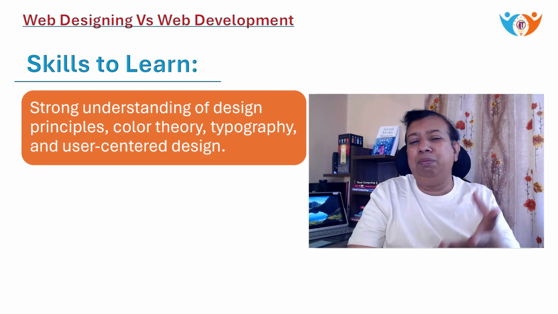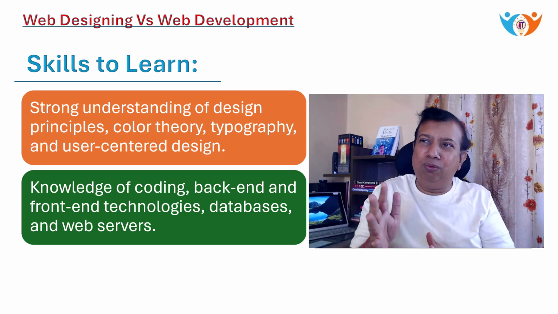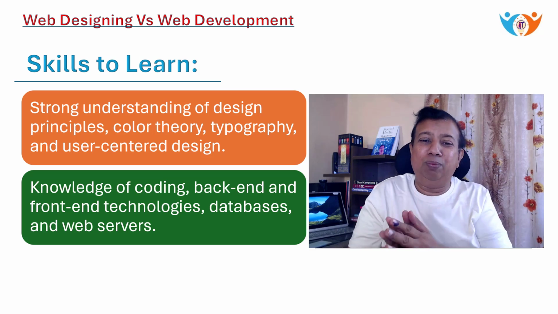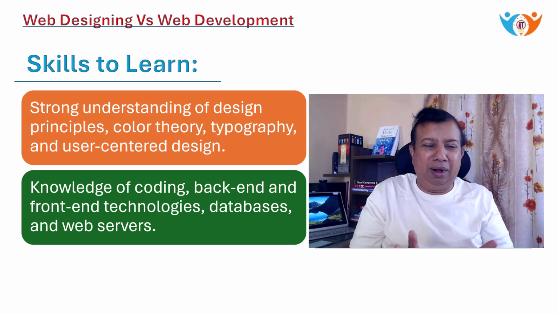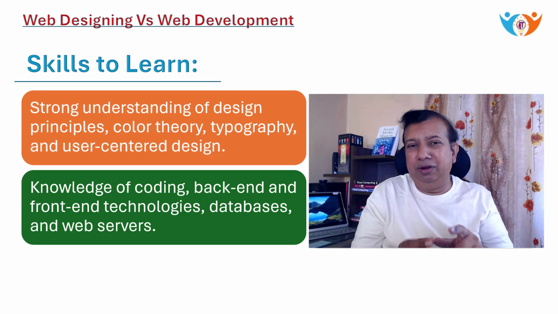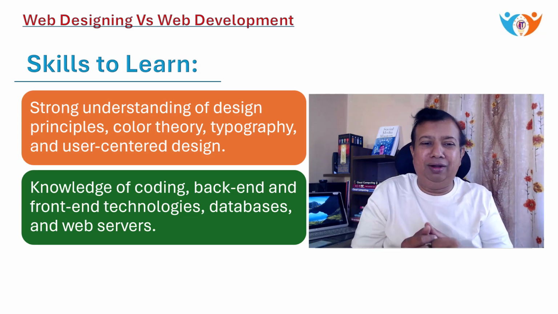As far as the development part is concerned, the knowledge of coding is very important. What kind of code or programming language you have to use to make this thing happen. Backend part: how to design and develop, create a database, how to store the data, and how to get the data back.